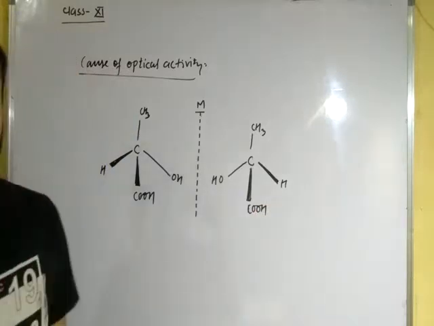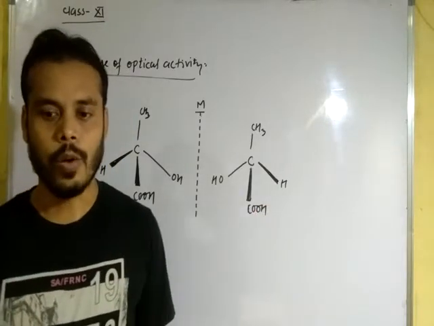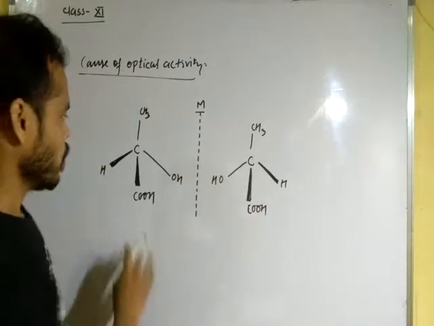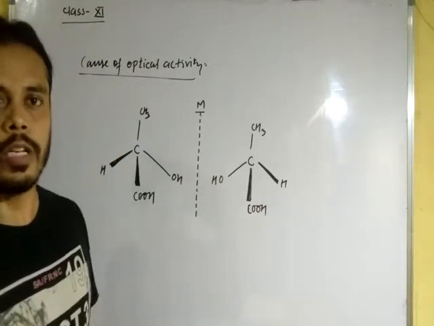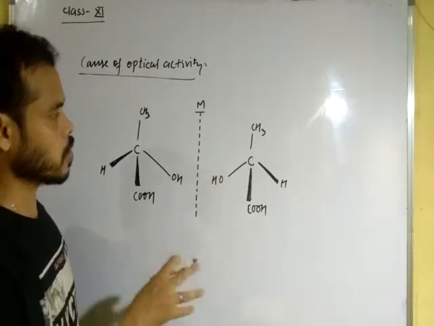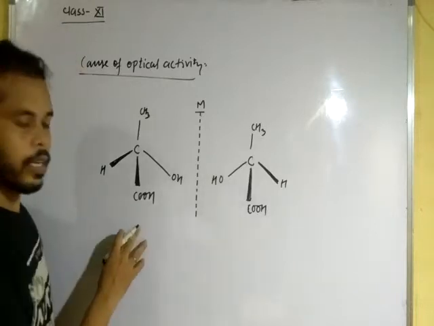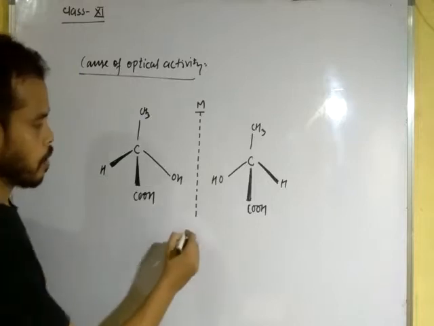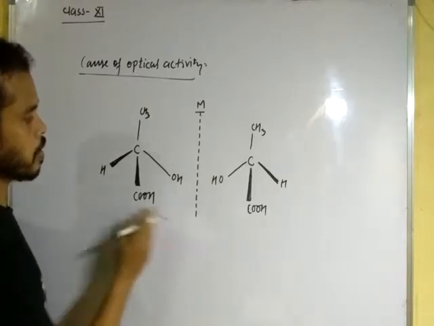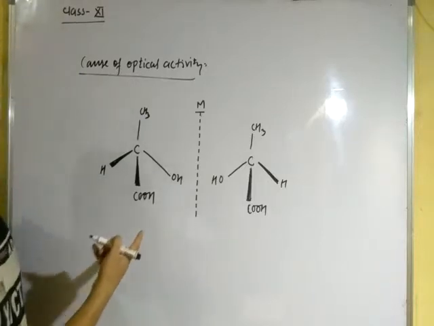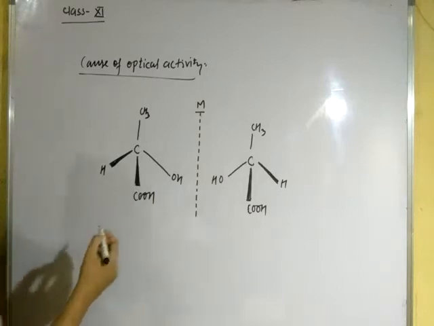These are mirror images of each other and are known as enantiomers. Both isomers are known in optical isomerism. They are enantiomers of each other.